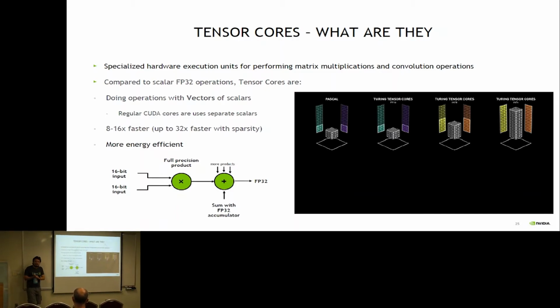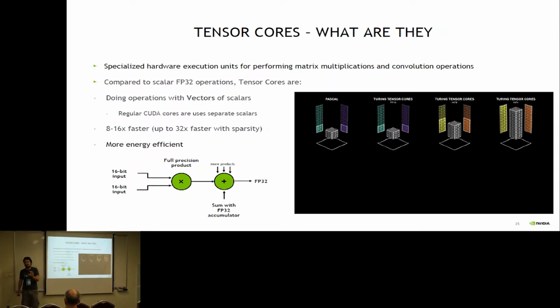And another important thing is the smaller the size of the number in the matrix, the lower the precision of the number, the faster the tensor cores work. So let's say for int8, they're twice as fast as for FP16. And for FP32, there are some generations of tensor cores which do work with FP32. They're twice slower than for FP16.